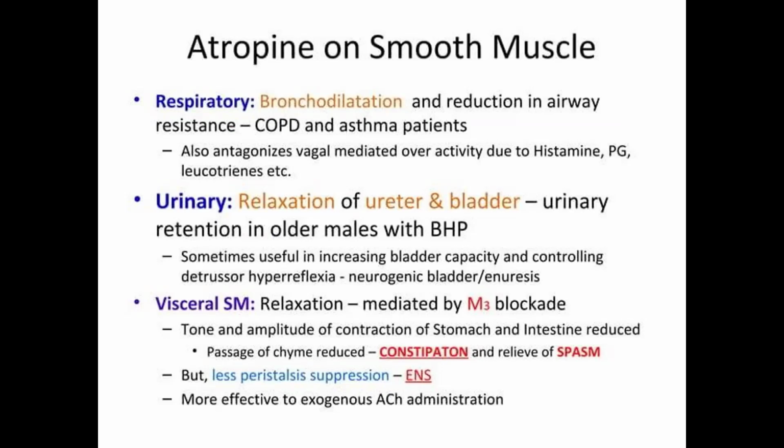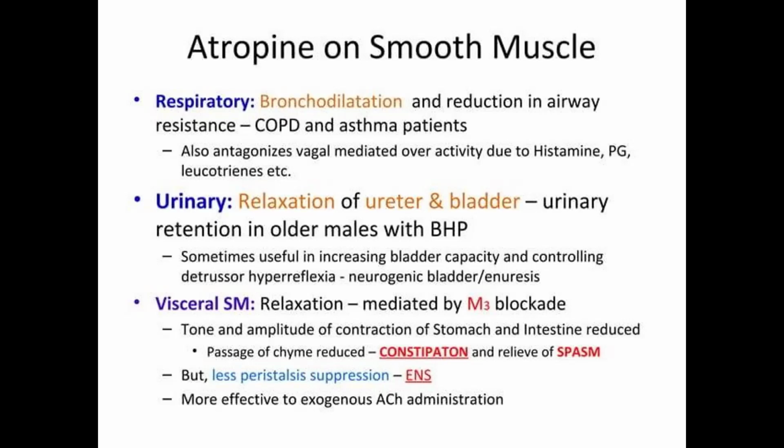So it's used in COPD, chronic obstructive pulmonary disease, and asthma patients. It also antagonizes vagal mediated overactivity due to histamine, and prostaglandin, leukotrienes. It has a direct and antagonistic action on all those pro-inflammatory molecules. In the urinary system, I told you it's a vasoselective drug.